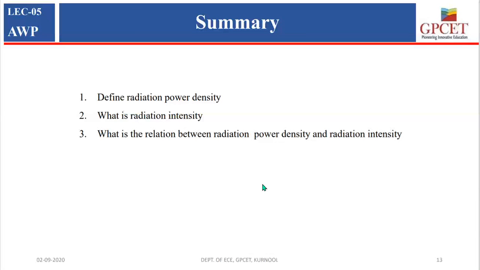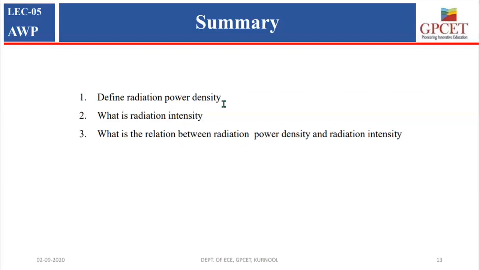So once again I repeat these two terms. Radiation power density means measurement of the power in the space at a point due to the time varying fields in plane angle. That power is due to the time varying electric and magnetic fields.